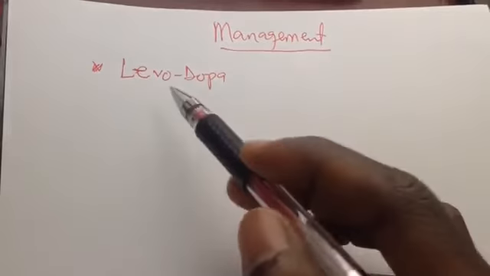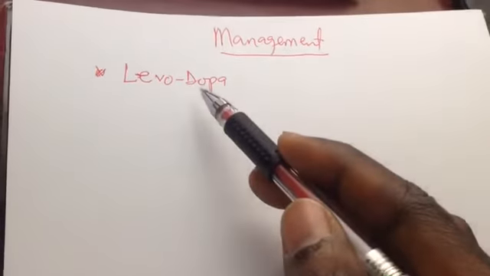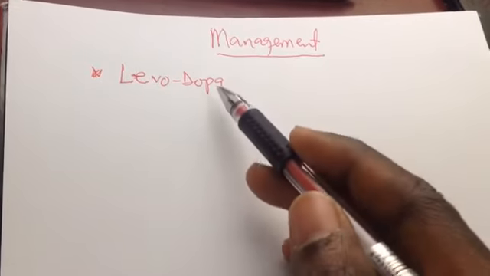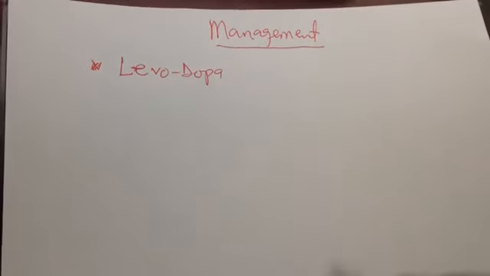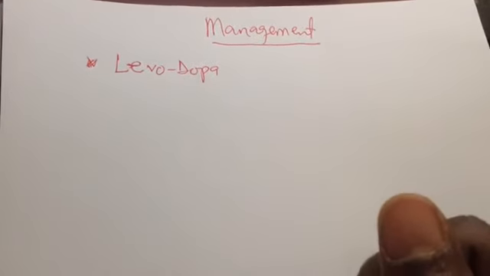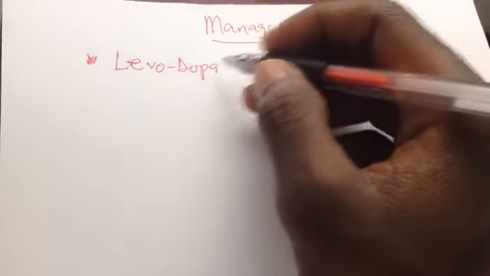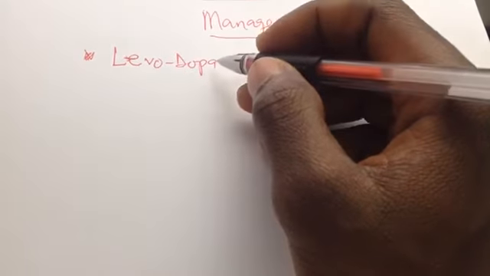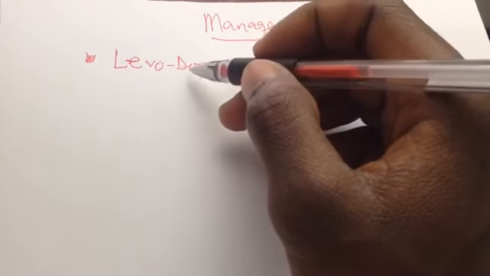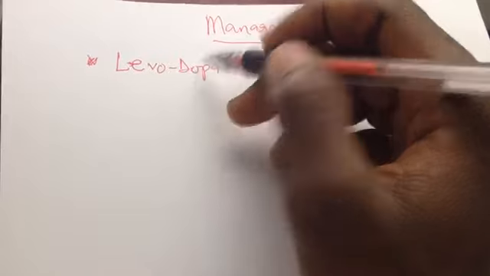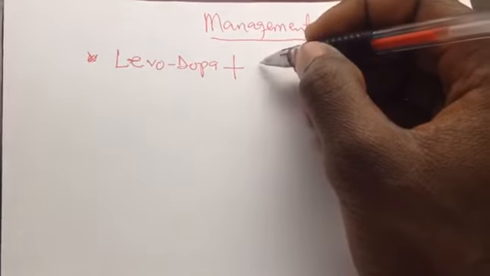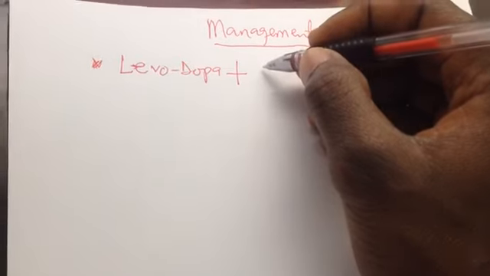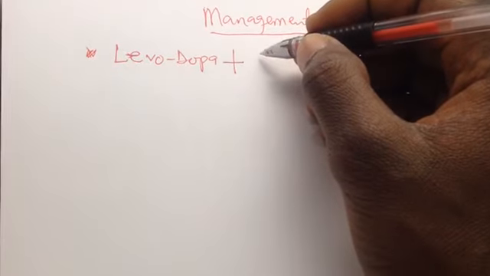This levodopa has to cross into the central nervous system, where it is going to be activated. Then it will mimic the action of dopamine, so it substitutes dopamine. To prolong the action of dopamine, we have to administer it plus a drug called carbidopa, which is a dopa decarboxylase inhibitor.